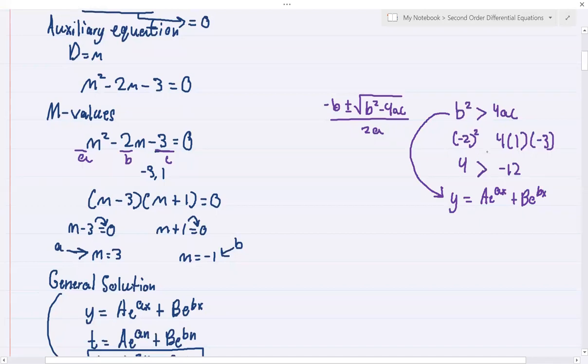This means that you will have two different m values. They are both real numbers, but they are different from each other.